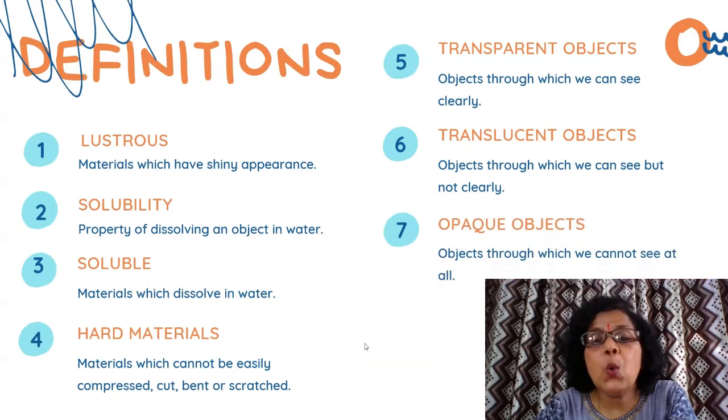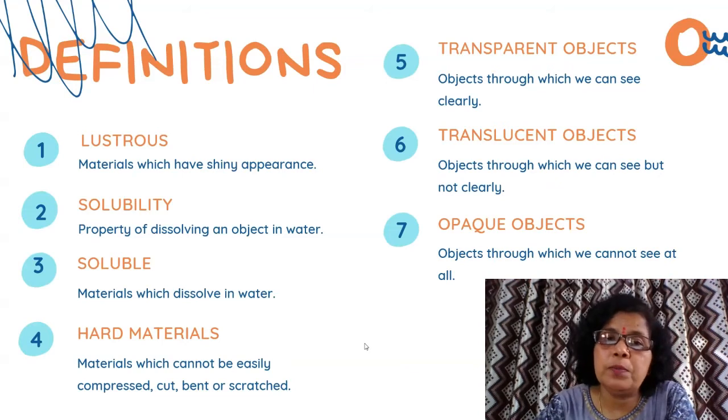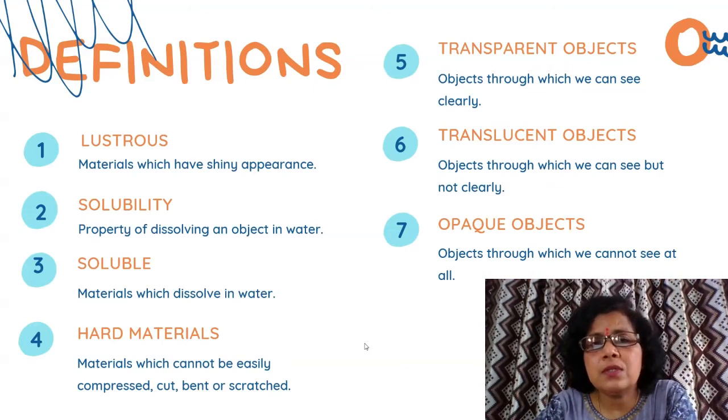Now the third one is opaque objects. Under transparency we have three categories: transparent, translucent and opaque. Opaque are the objects through which we cannot see at all. If we are sitting in this room and we want to know what is happening in the adjacent room, can we do it?